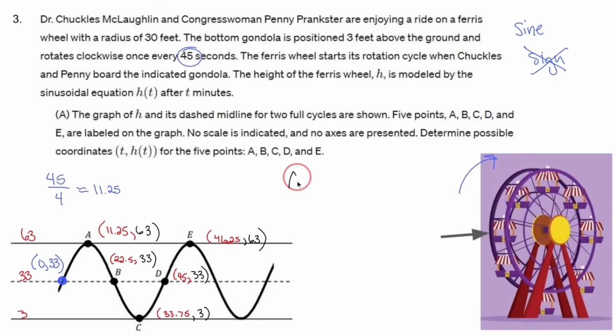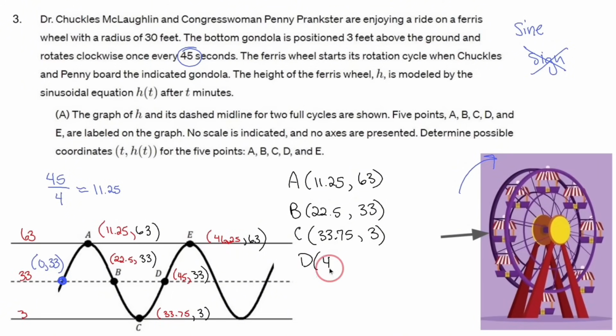But the obvious ones for me are the ones that start out at A, so 11.25, 63, B, which is 22.5, 33, C, which is 33.75, 3, D, which is 45 seconds, 33 at height, and E, which is 56.25, 63.